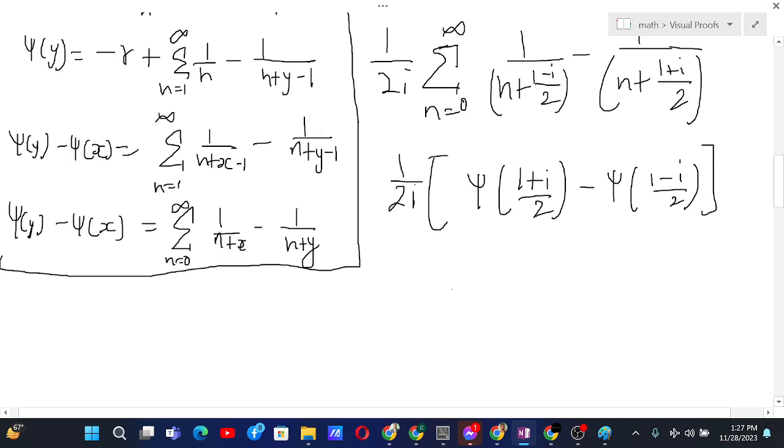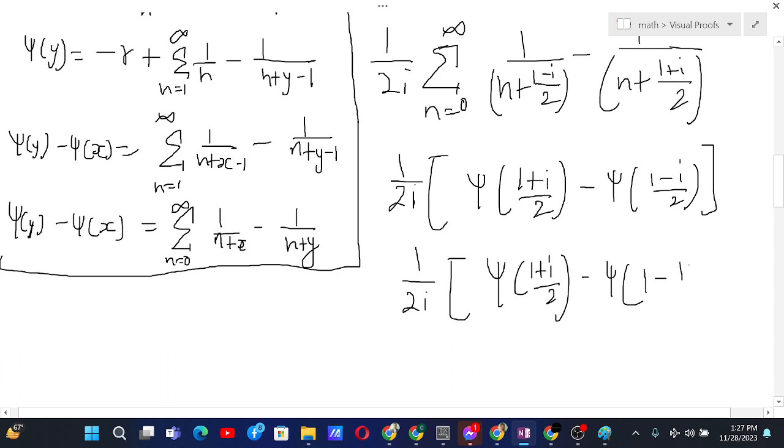Now we can see that this thing over here, the other thing over here, is just 1 minus the first thing, 1 plus i by 2. You can notice this, since 2 minus 1 plus i is 1 minus i.